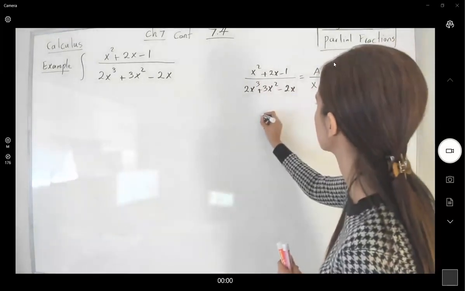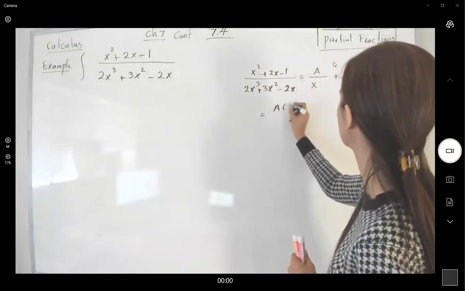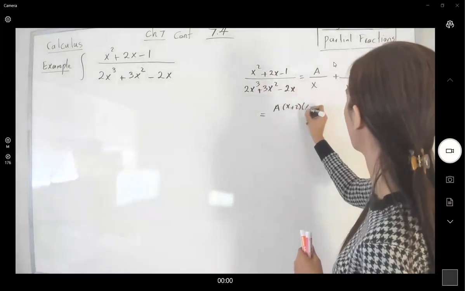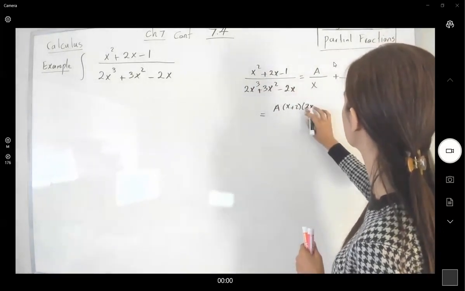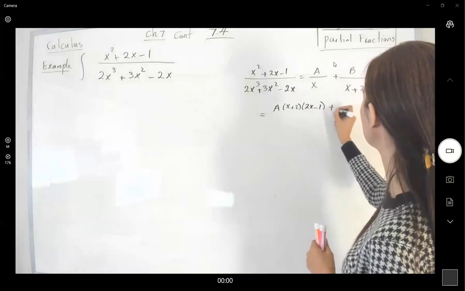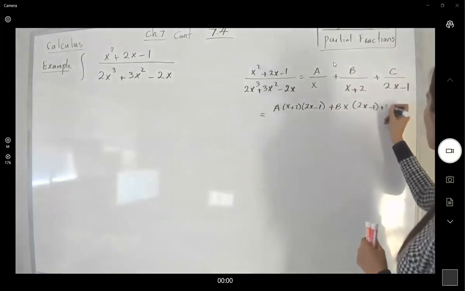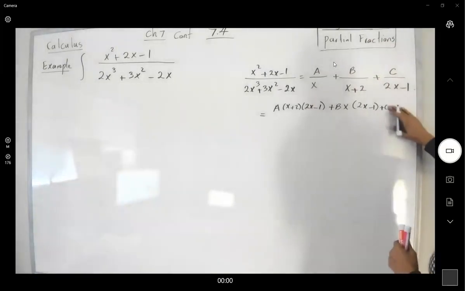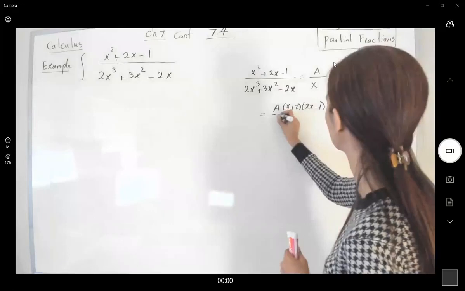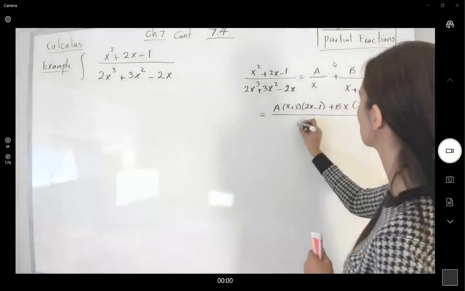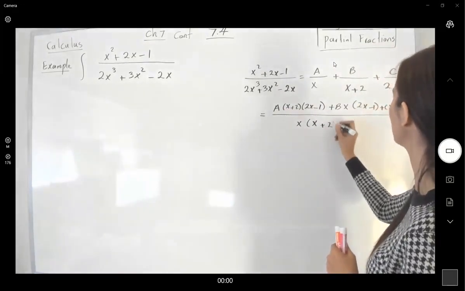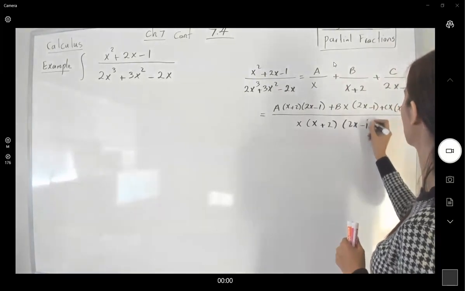Then we said that this is equal to a times x plus 2 times 2x minus 1 plus b times x times 2x minus 1 plus c times x plus 2, divided by x times x plus 2 times 2x minus 1.